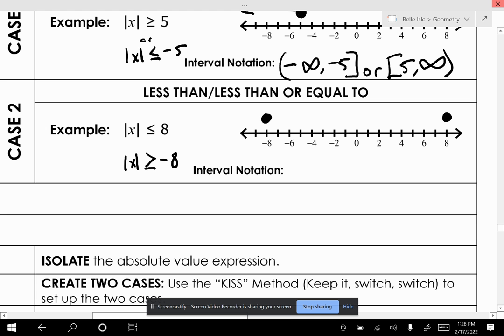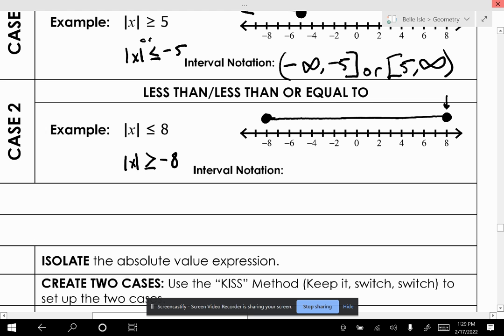Now we need to know which way these lines go. So we have x is less than or equal to 8. So we are graphing from the 8, and we said x is where? Less than or greater than? Less than. So we are going this direction, right? We're going to stop at -8 because this is going to be an and problem. So we have also x is greater than or equal to -8.